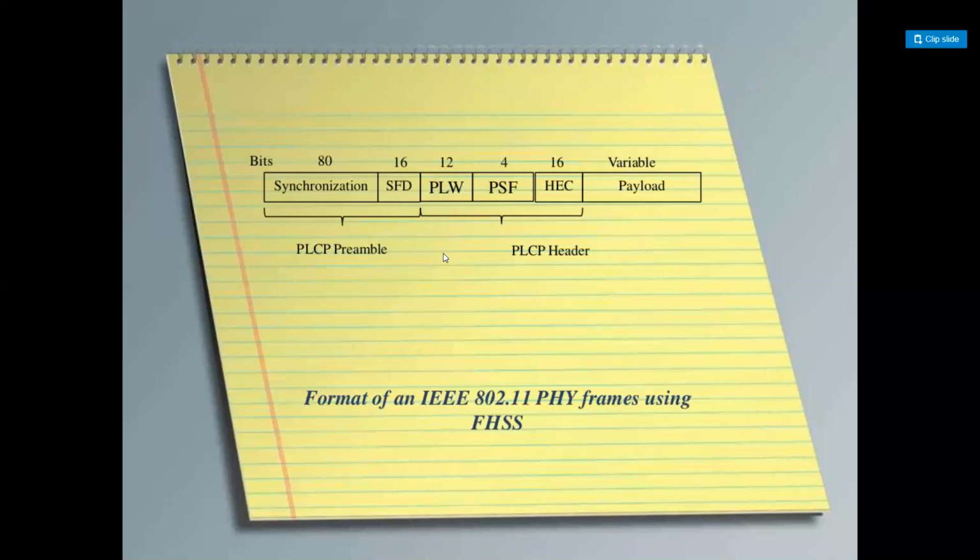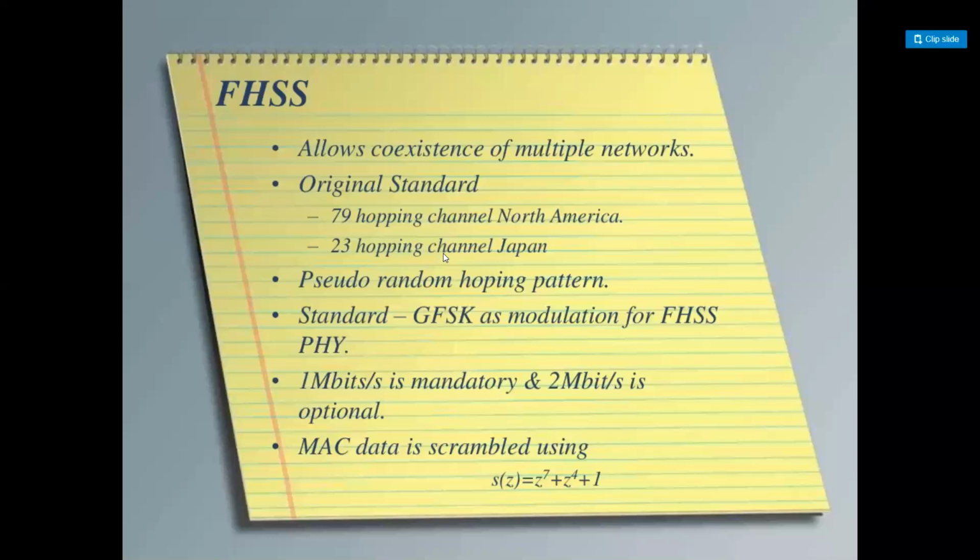Here, let's see. I told you about FHSS, right? As it is the physical layer, we need to know which type of transmission it is responsible for. I told you some points: the coexistence of multiple networks and some hopping standards. These are the common points, but we need to know why FHSS.